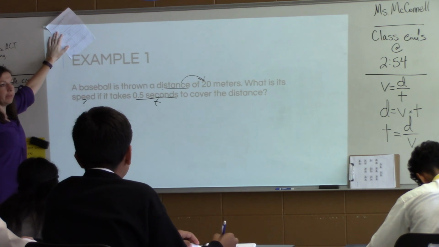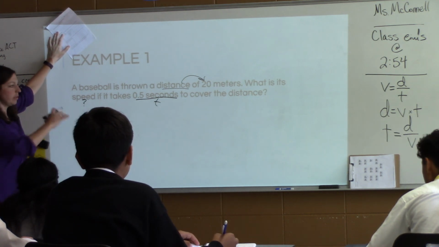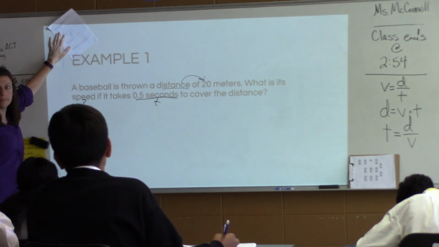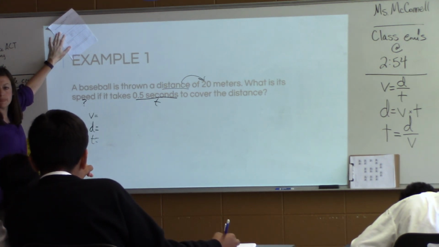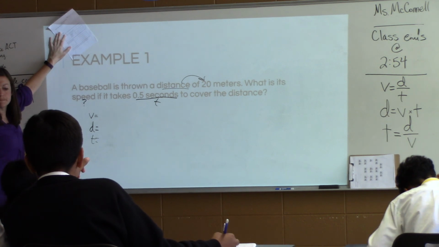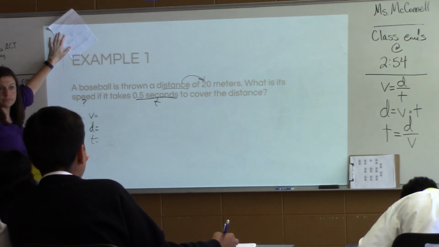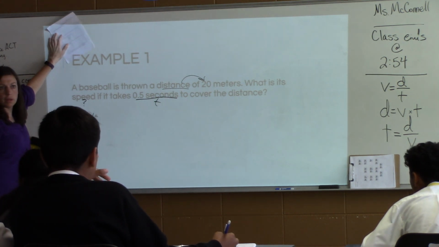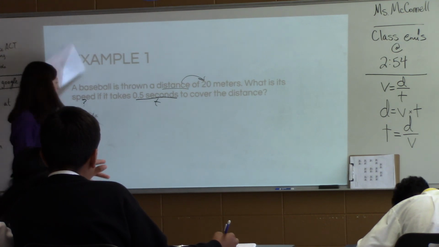Turn and tell your neighbor, what do we know right now from this problem? What do we know? Speed, distance, and time. Talk to your neighbor. All right. Amanda, what's one thing we know? The distance is 20 meters.